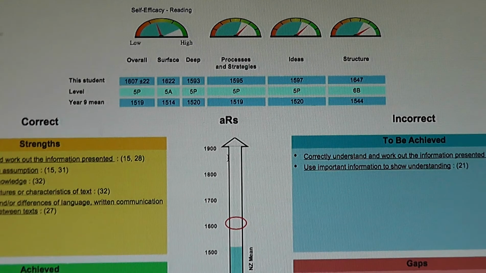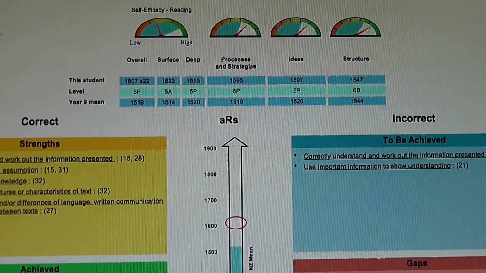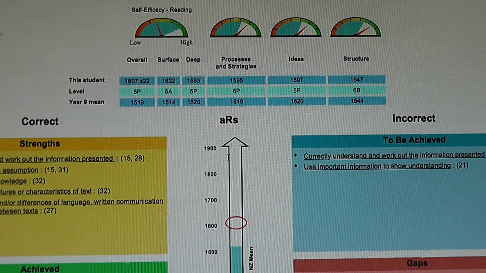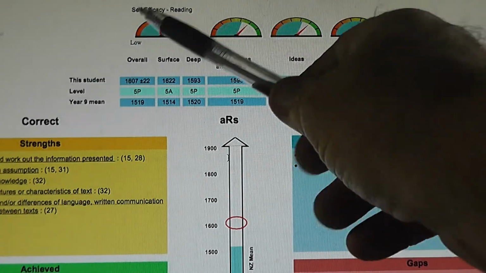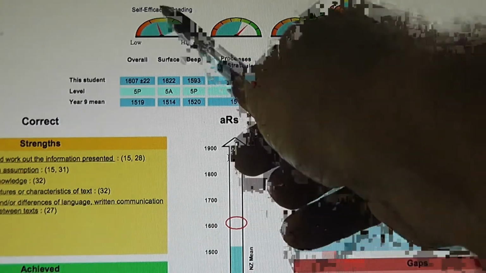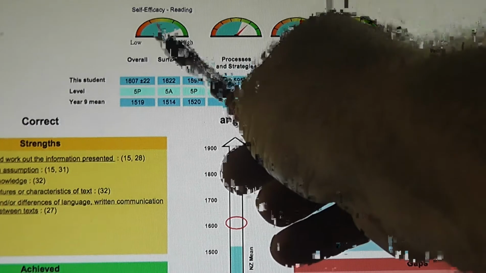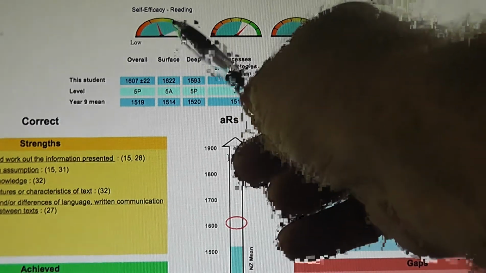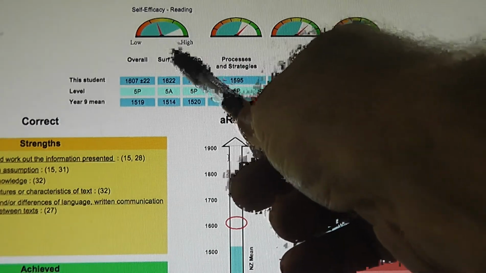At the end of the year I always use a series of questions inside the front cover which looks at how well they rate themselves about their effectiveness in their reading. Now this lady was actually a very talented lady, but she didn't have a good impression about her effectiveness as a reader, and so the speedo dial, the red dial, is actually well down in the mean for the country at the time the test was taken.